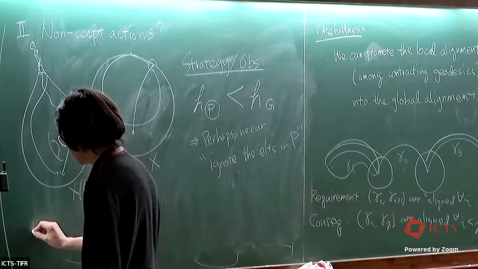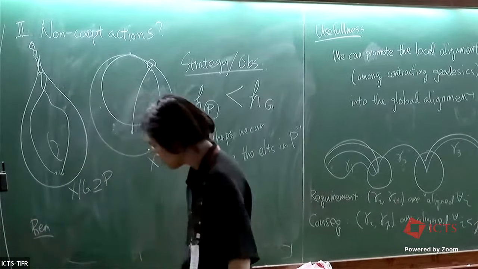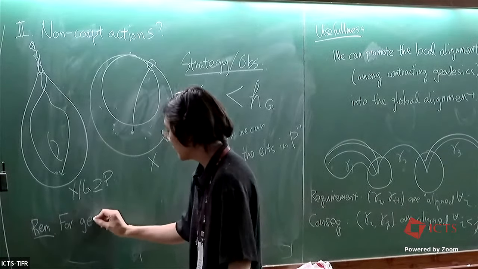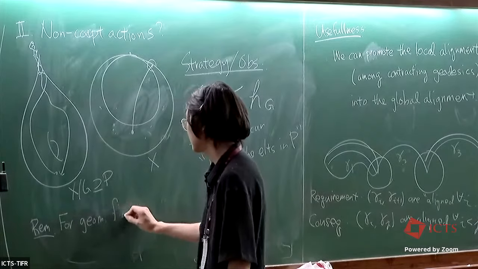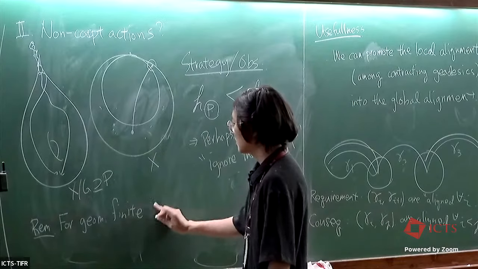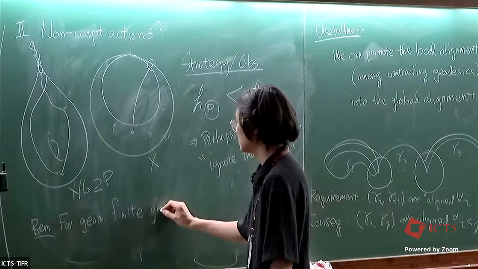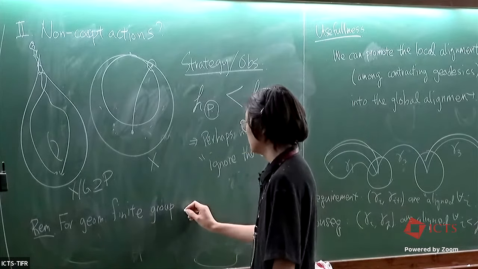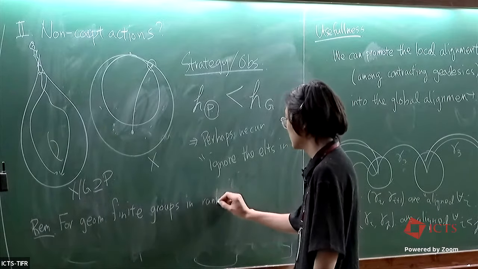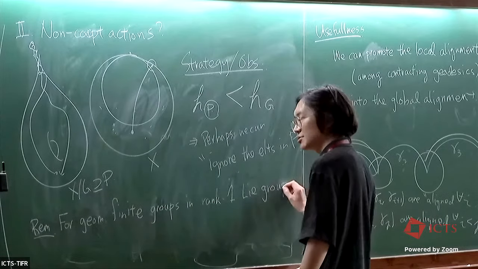So, a remark. For geometrically finite groups, Kleinian groups, or I would say groups in rank 1 Lie groups, I mean the action is on the symmetric space, okay?